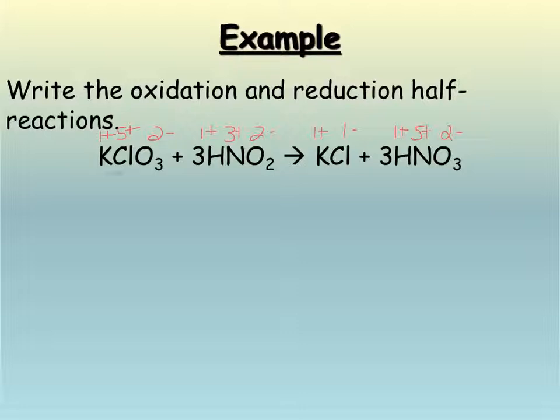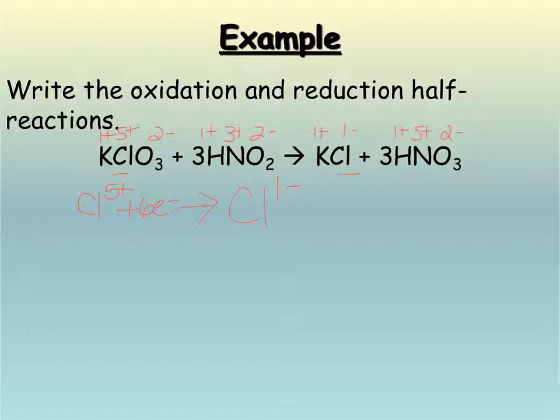So I need to pull my chlorine species out for sure. I've got a chlorine 5 plus, and on this other side, I have my chlorine 1 minus. My atoms are balanced, but I do need some electrons here. I've got to go all the way from 5 plus to 1 minus, so that is going to be 6 electrons, because that'll cancel out that 5 plus and give me 1 extra negative.